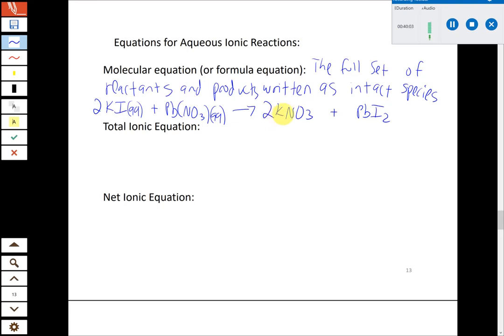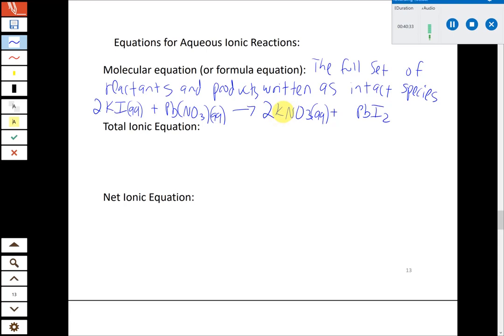What we have to think about is the solubility of the 2 products, deciding whether we should write those as aqueous, still dissolved, or as a solid forming a precipitate. Potassium nitrate contains K+, a group 1 cation, and NO3-, the anion that's always soluble. Both being always soluble means this species is soluble, so we keep that as aq because it follows the solubility rules.